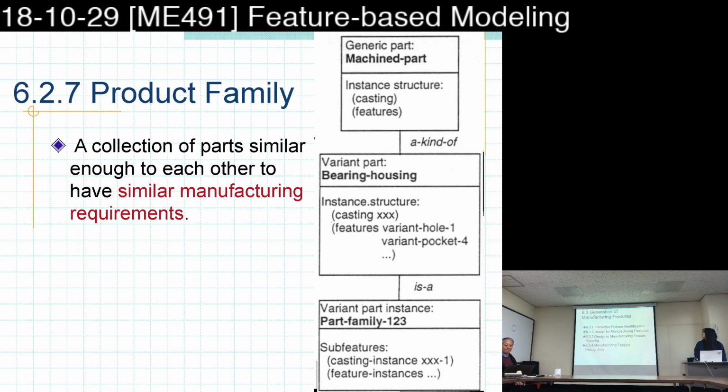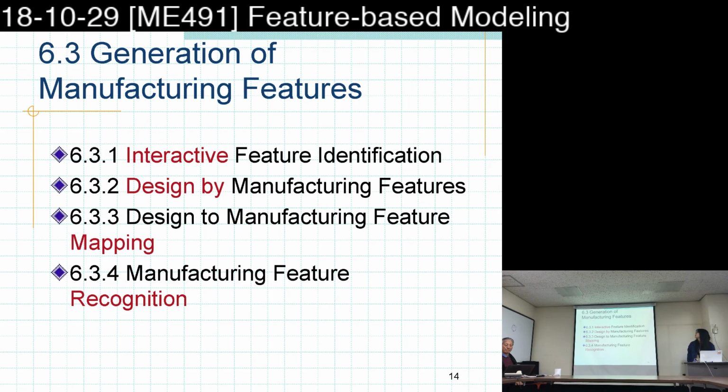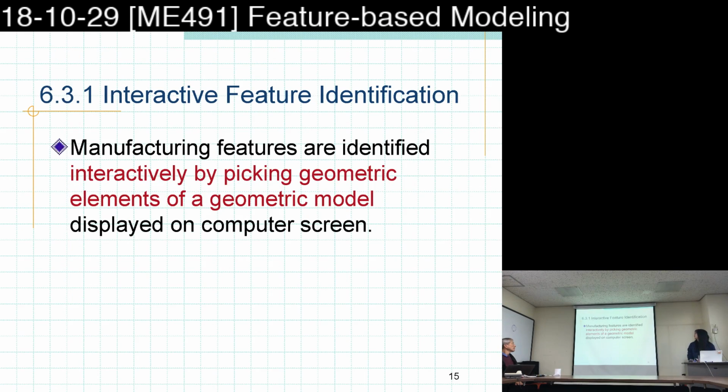And the next chapter is about generation of manufacturing features. There are some methods to create manufacturing features. I will introduce them. The first method is interactive feature identification.